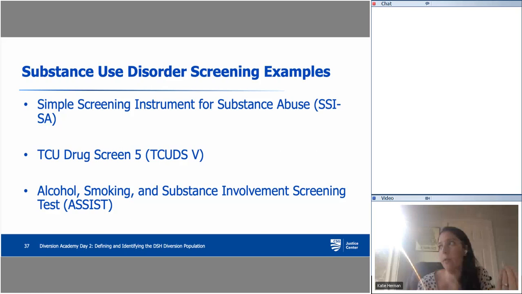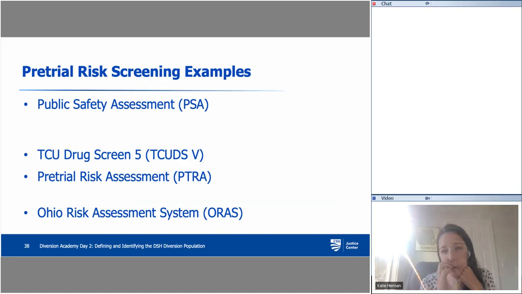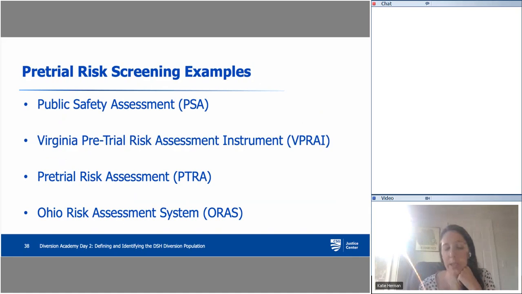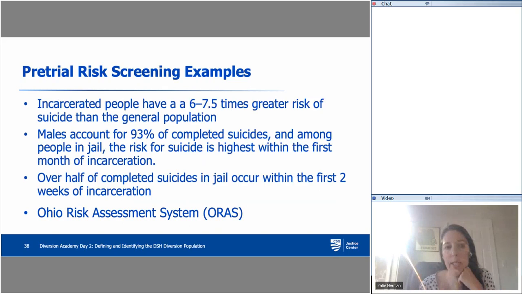But also, in terms of diversion, trying to get people out of jail as soon as possible, make sure they're screened as soon as possible, and that someone is getting those results as soon as possible, so you can flag who may have a serious mental illness, who may have a qualifying diagnosis for diversion. Then there are other pretrial risk screen examples, which Sarah Demaray is going to talk more about later, so I'm not really going to go into these.